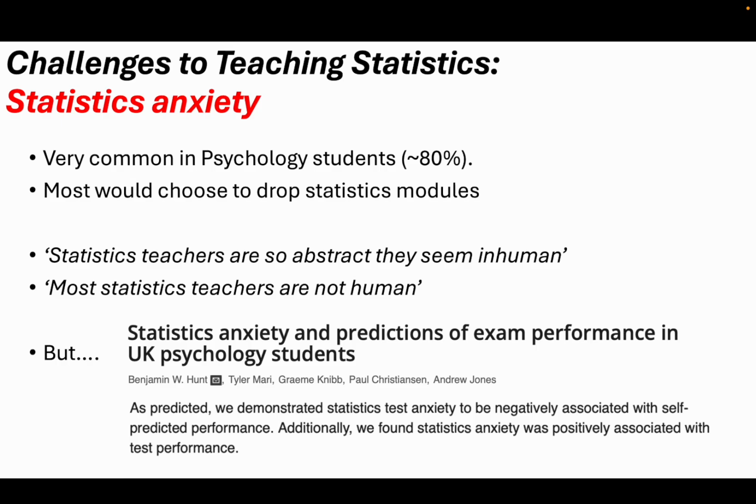So students with higher statistics anxiety predicted they'd do worse on the course, but actually we found that statistics anxiety was positively associated with test performance. So the students who had statistics anxiety at the start of the course actually performed well. So there's no denying statistics anxiety is an issue. It's prevalent in our students, but actually experiencing some anxiety around statistics might lead students to perform better.